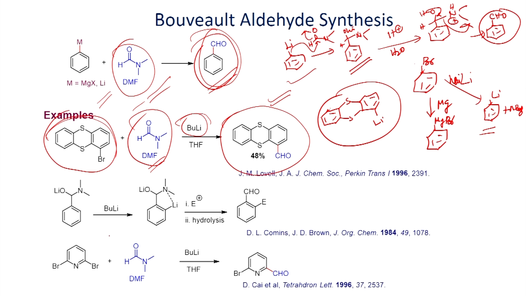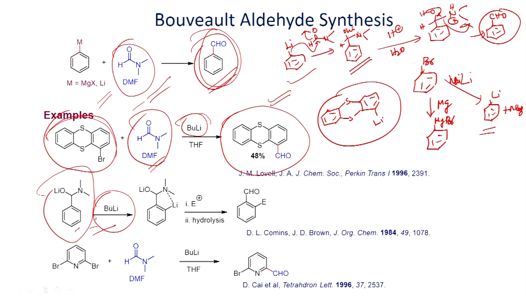Professor Cummins made a modification to this reaction. When the phenyllithium reacts with dimethylformamide, you will have this intermediate. Without doing the workup, you add another equivalent of butyllithium.